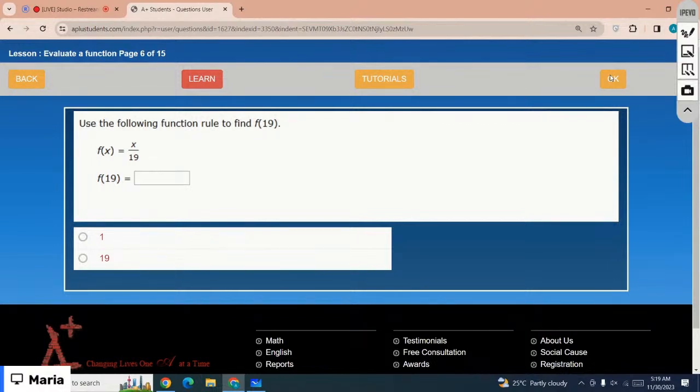Use the following function to find f of 19. You have to replace the x with 19. So f of 19 equals, yes, the correct option is 1, f of 19 equals 1.